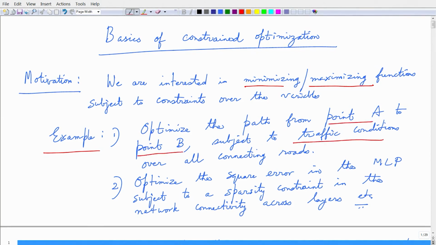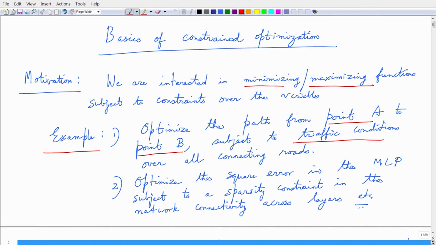Imagine we have a city and there are many roads connecting the city, and there are various objectives when we have to travel from point A to point B. One, maybe I want the shortest path, maybe I want the path that avoids traffic time, etc. So, depending on what I need to solve, I need to optimize over the parameters.